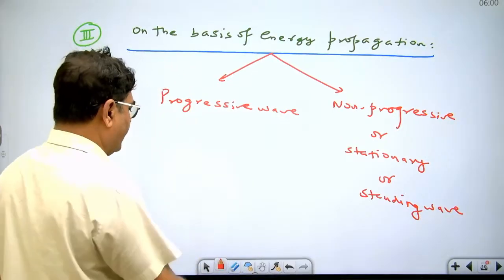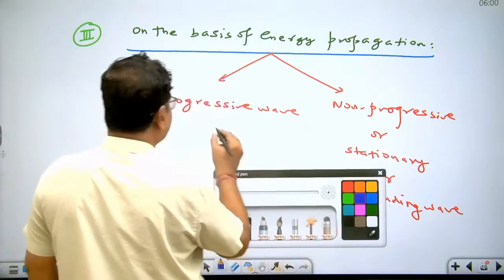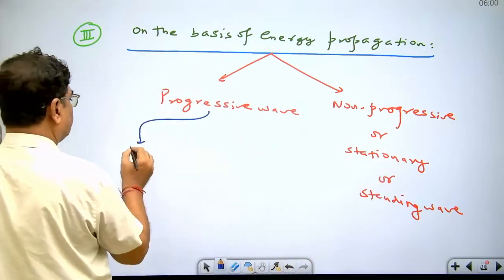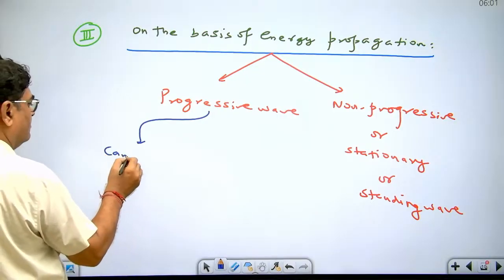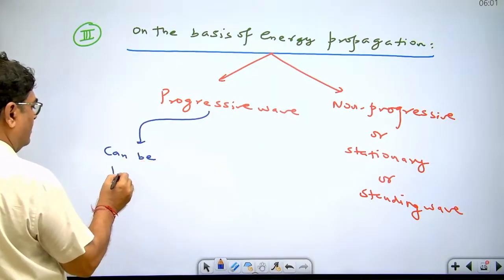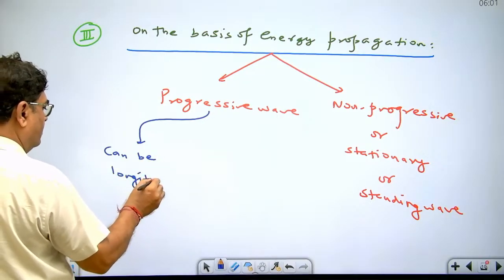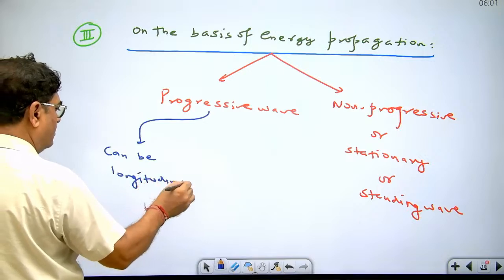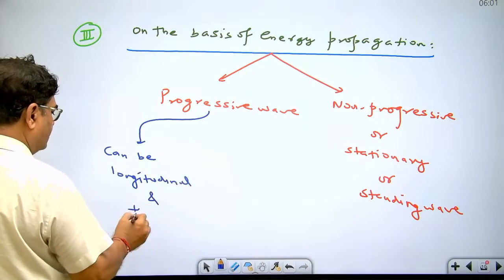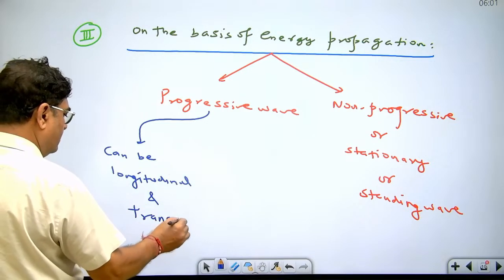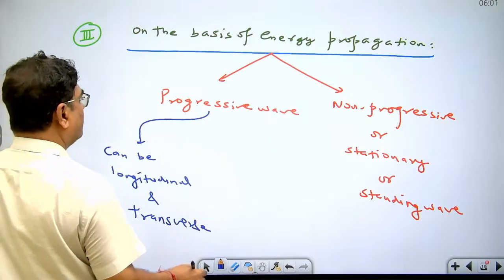The progressive wave can be longitudinal and transverse in nature.